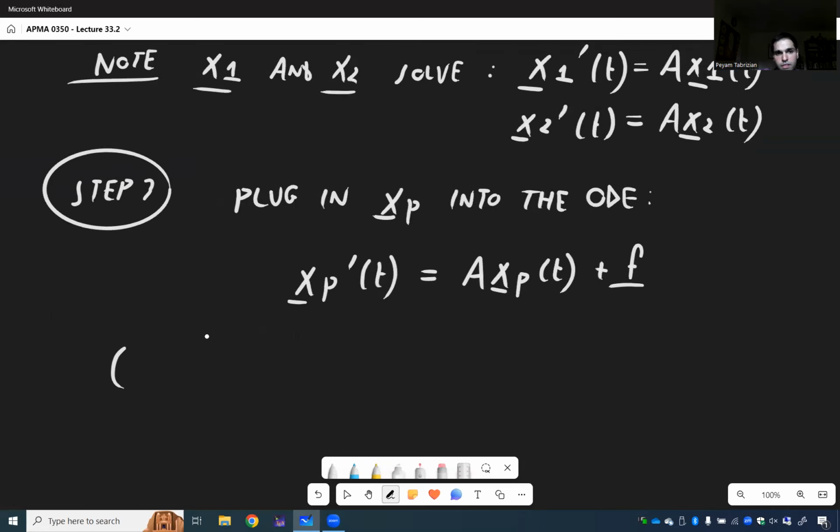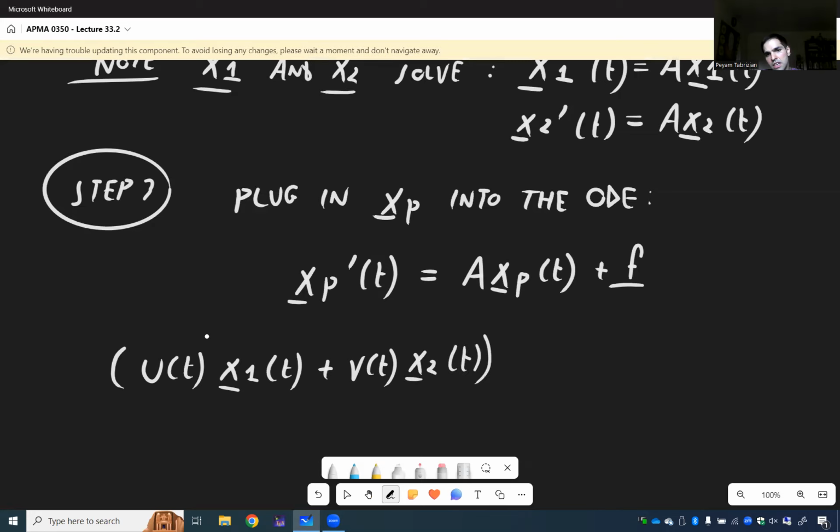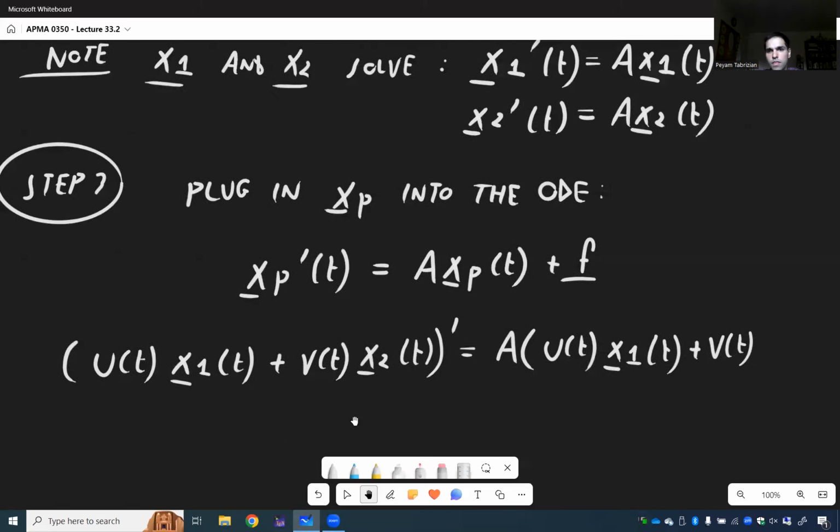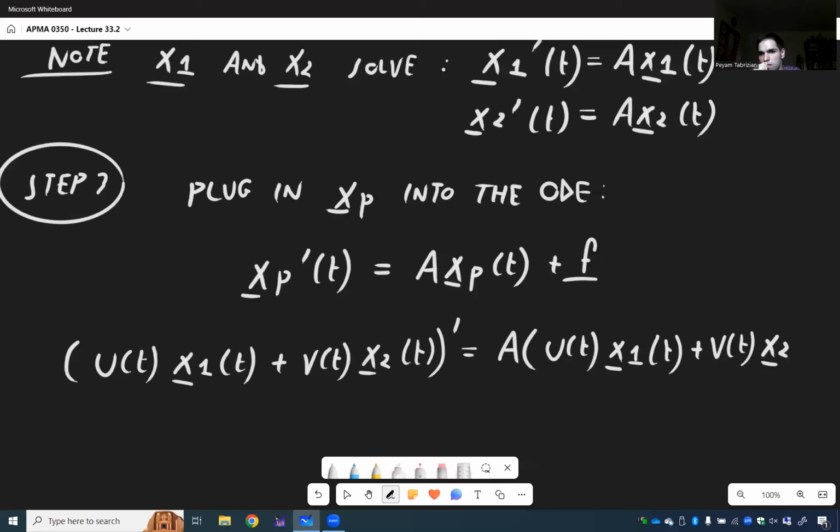And then remember, xp was u of t x1 of t, plus v of t x2 of t, and its derivative equals A times u of t x1 of t, plus v of t x2 of t, plus our inhomogeneous term.